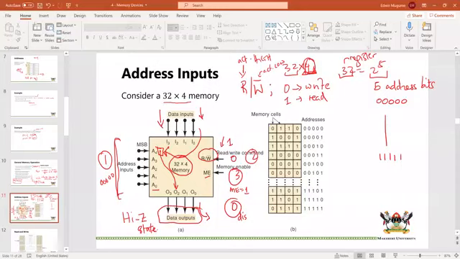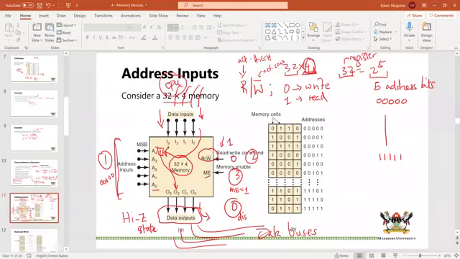In other words, they'll be disabled, and nothing can appear there that can get to the output. Remember, you have data buses here that take information to the CPU, and data buses here that bring information from the CPU. We are going to look at that in a short moment.